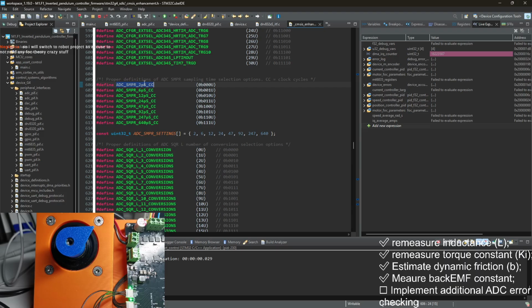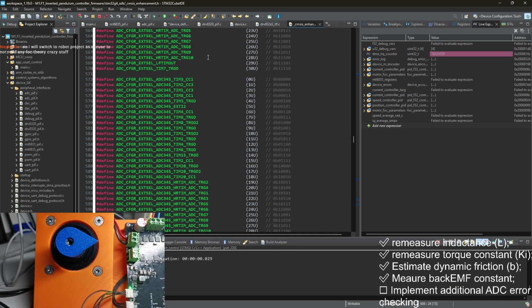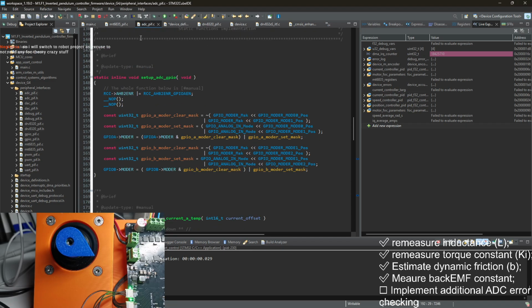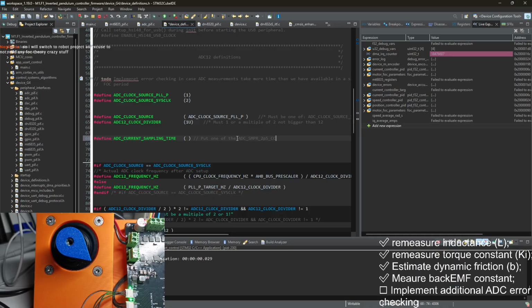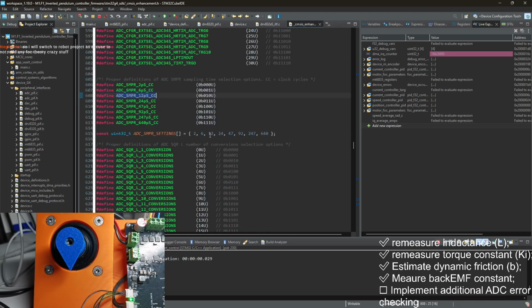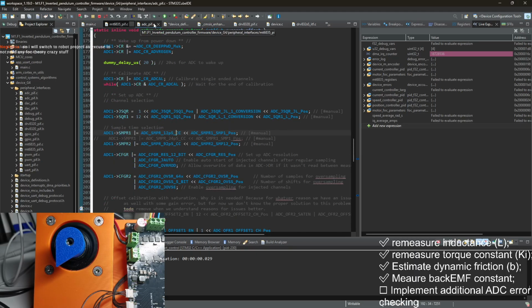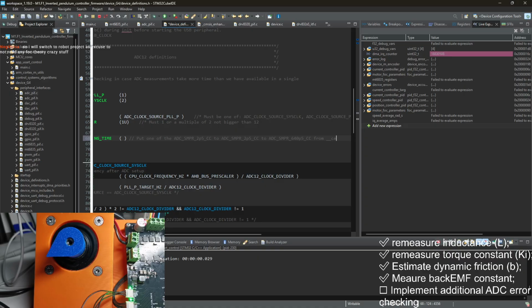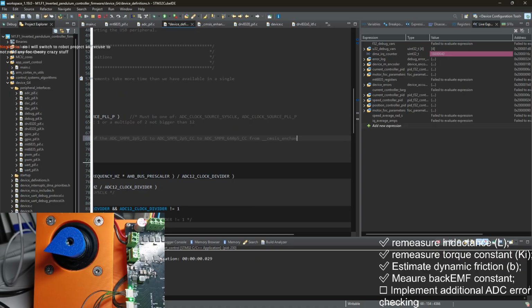Okay, where the hell am I? Oh my god, I'm so lost. To this value. Let's put it closer to this enhancement.